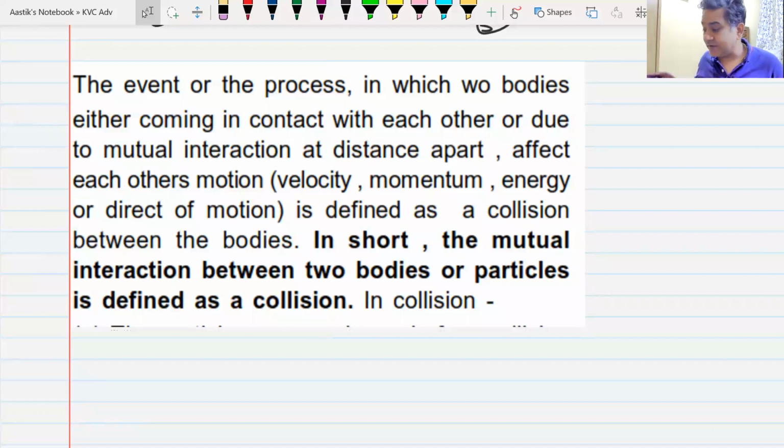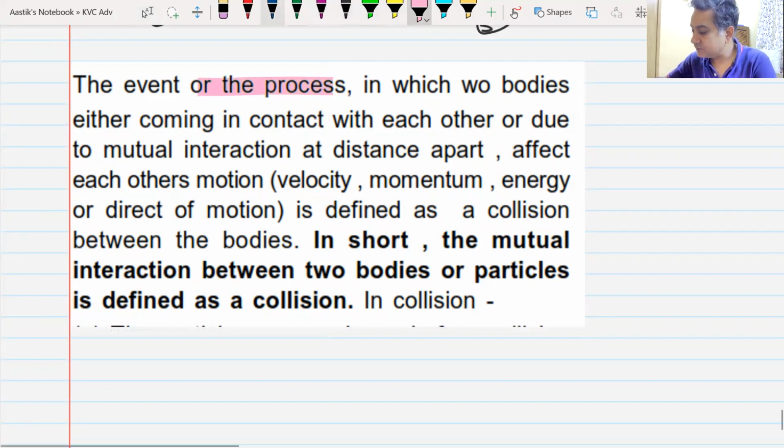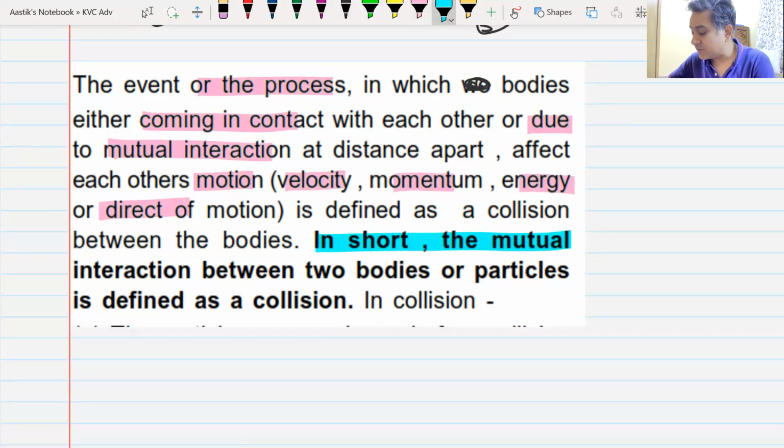A collision is an event or a process in which bodies, either by coming in contact or due to mutual interaction, affect each other's motion. They change the velocity, momentum, energy, or the direction of motion. This is collision. In short, this is the best definition of a collision.